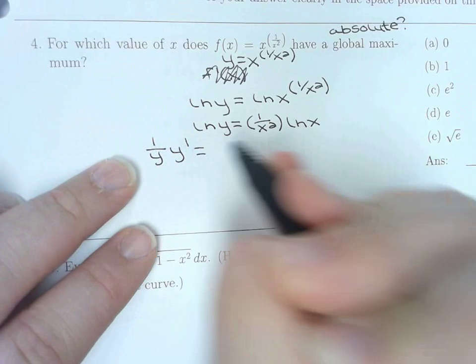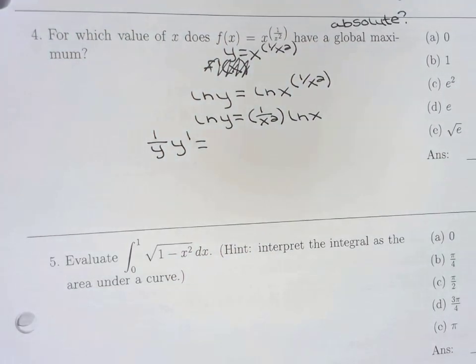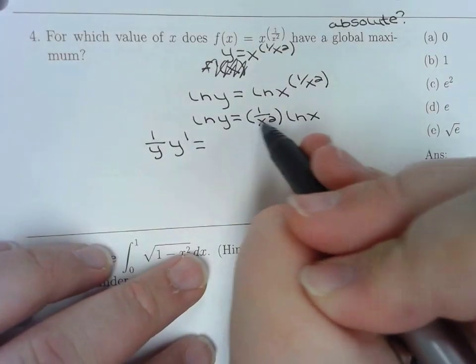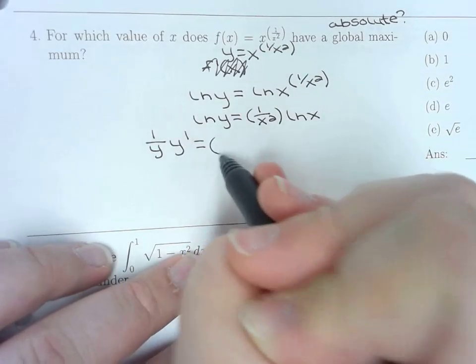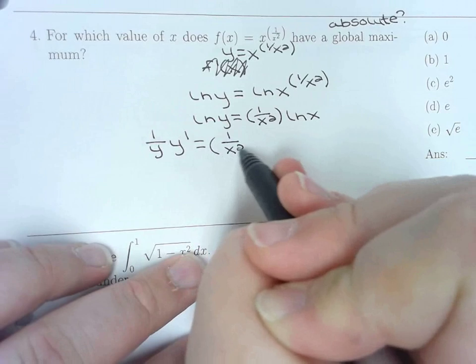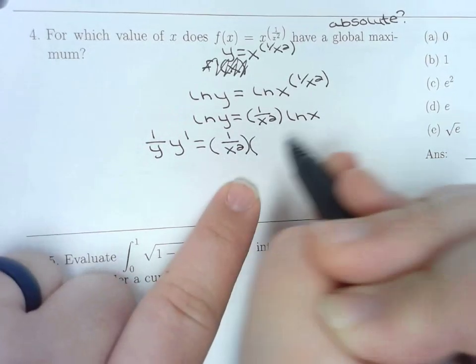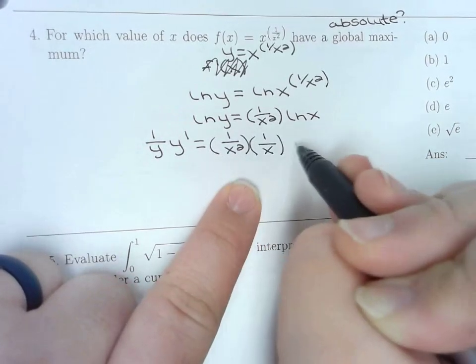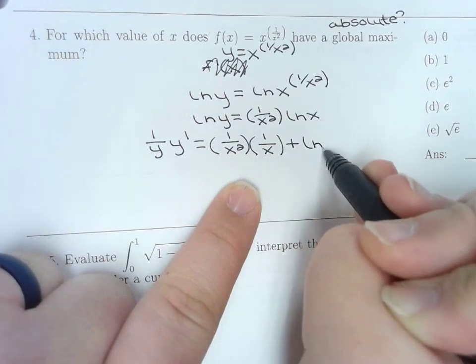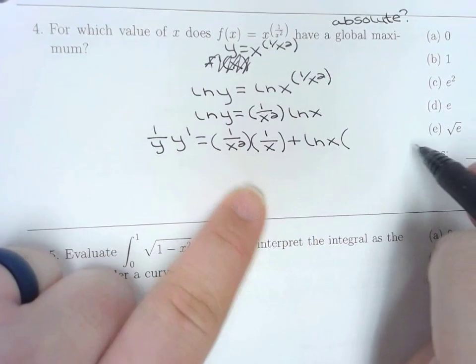So you take the derivative of ln of y, which is 1 over y, put y prime there, equals 1 over x squared first. So 1 over x squared times the derivative of the second, which is 1 over x, plus the second ln of x times the derivative of the first.